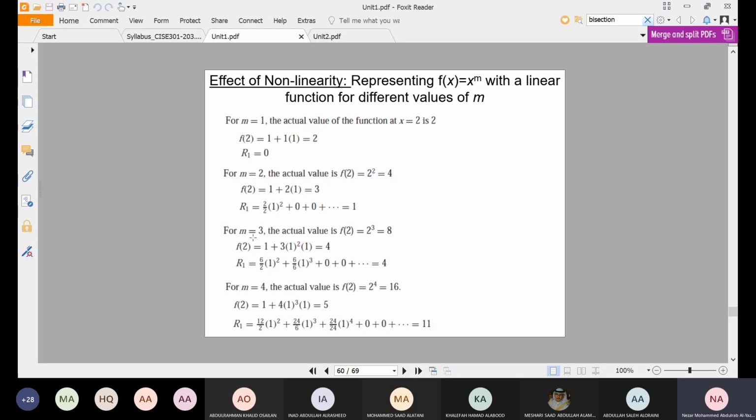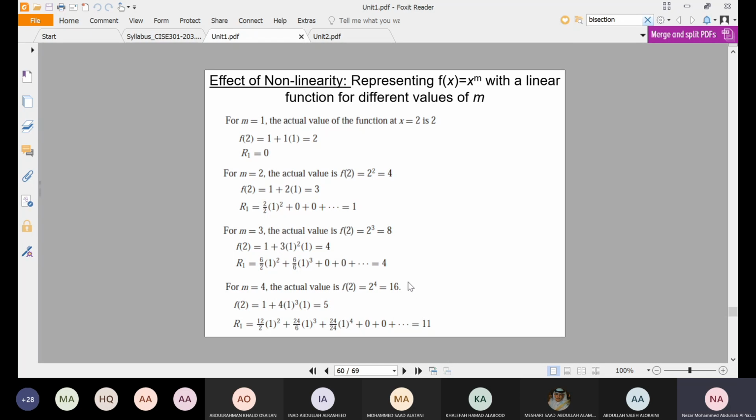After that, we increase the value of m to 3, and after that to 4. We find that if we increase the value of m, the error will increase. So here we have error 0, after that error 1, then 4, and then 11. So if we increase it more, we go further from the true value.